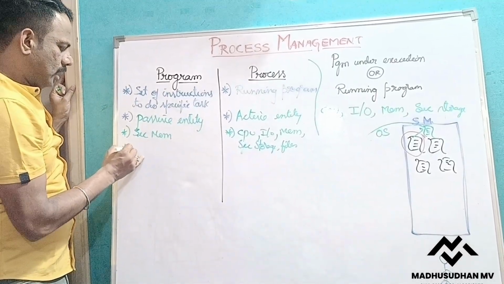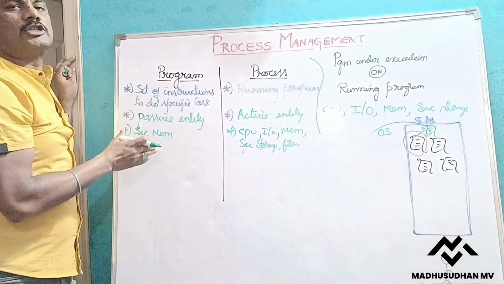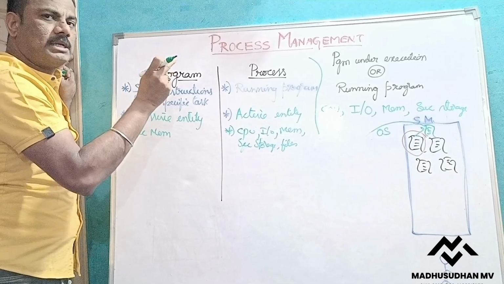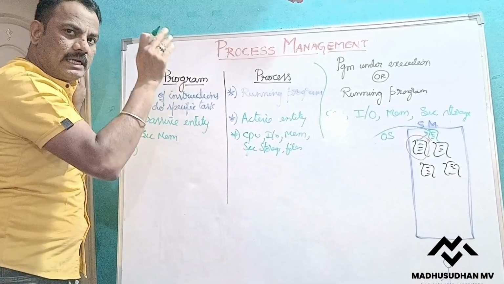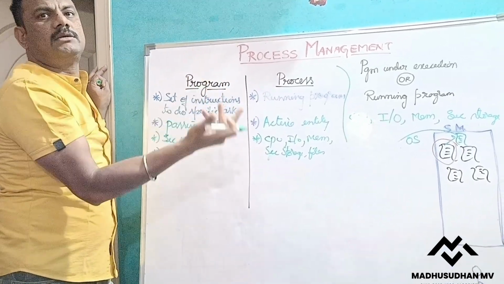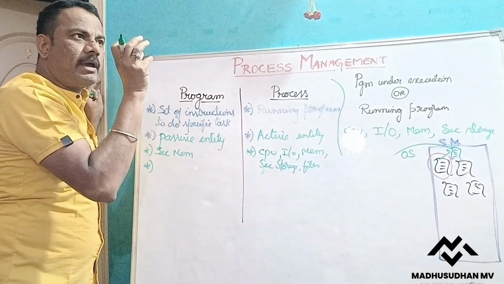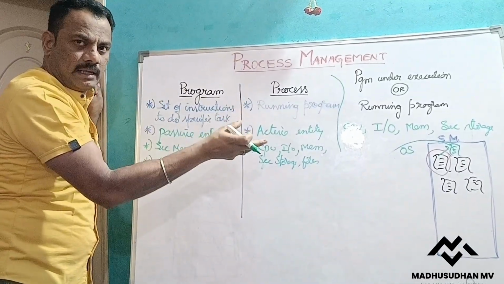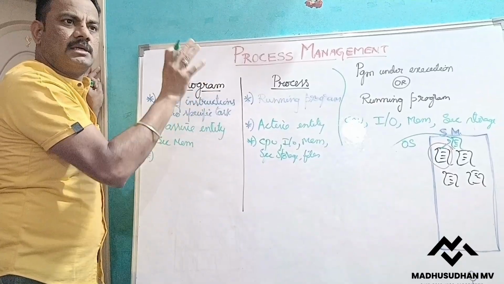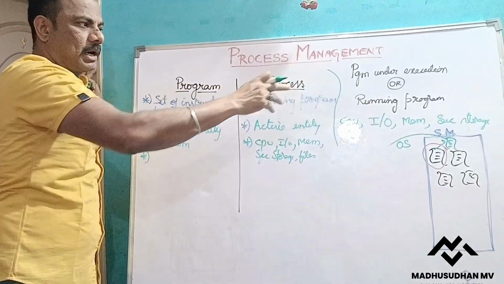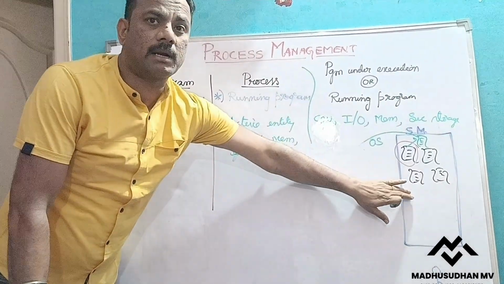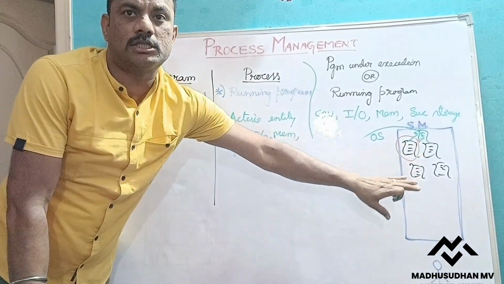Next, which lifespan is more? Whenever we play a song, it is active till it completes. That's it. Then we play the next one. So as long as the program keeps running, the process will be there. But our program is permanent, because we stored it in permanent storage.